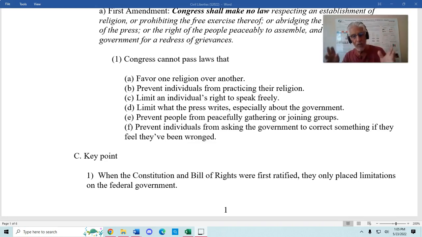Now, as we talked about, there are certain things explicitly that limit state governments. But outside of that, the limitations that are placed, for example, in the First Amendment apply to the federal government. Congress shall make no law favoring one religion over another, preventing individuals from practicing their religion, and so on.